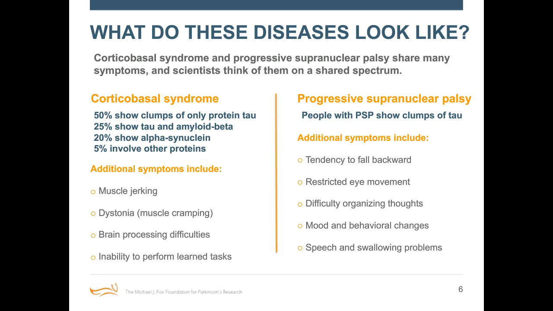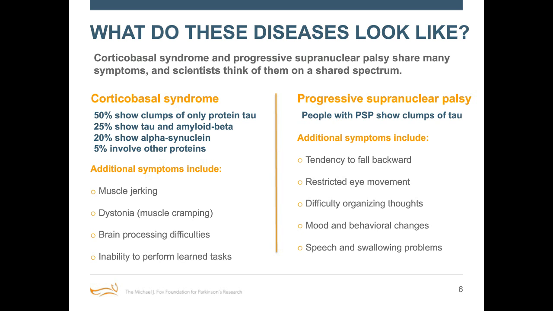PSP Richardson's syndrome. In addition to that, people may have difficulty with frontal executive function. So as the slide mentions, difficulty planning, multitasking, organizing thoughts, as well as apathy, progressive increasing indifference over time to what was previously interesting, hobbies that people were involved in, for instance.